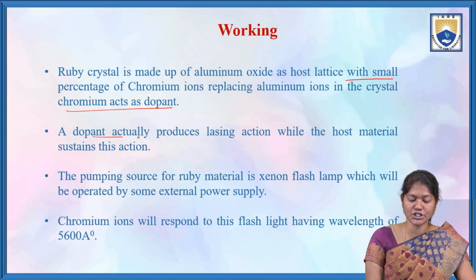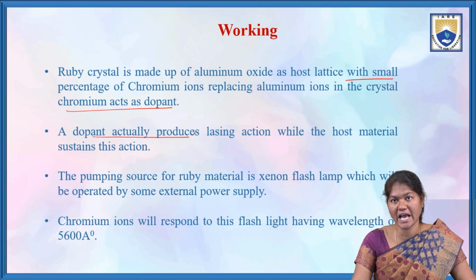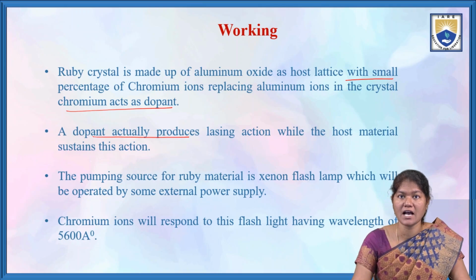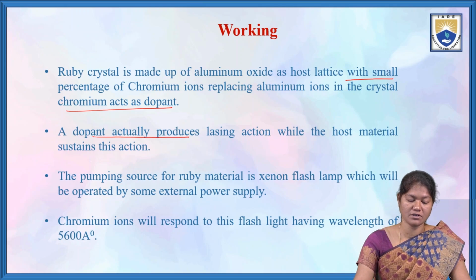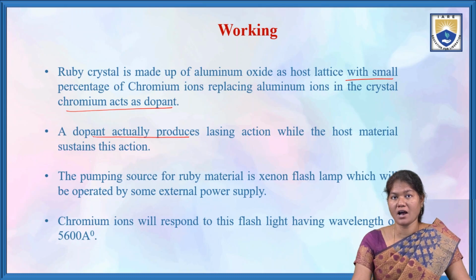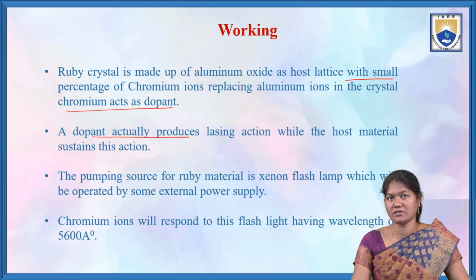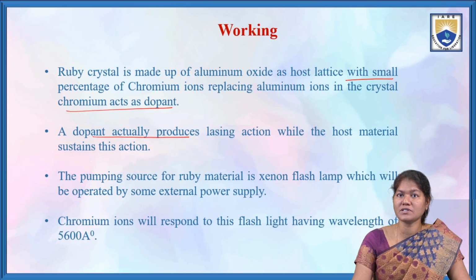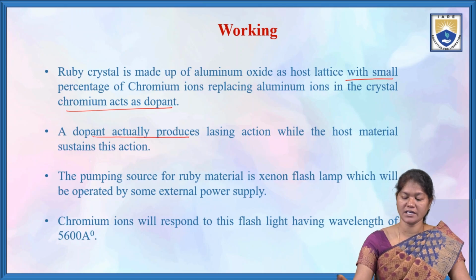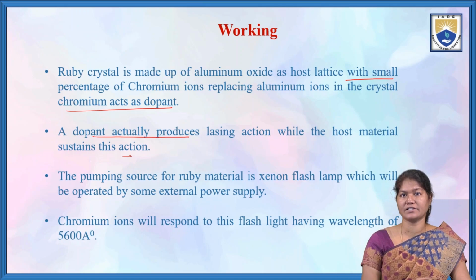A dopant actually produces the lasing action while the host material sustains this action. So chromium ions act as a dopant, which produces the lasing action, and the host material sustains this action.